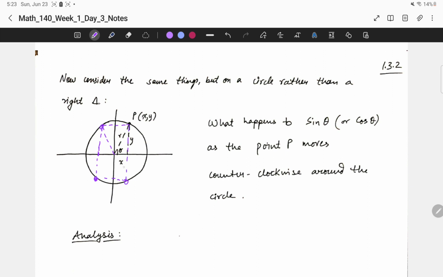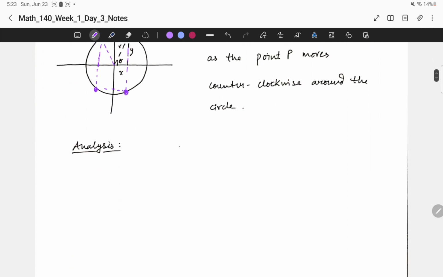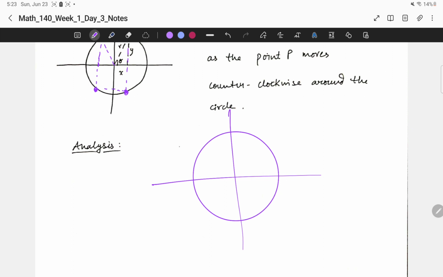What this is saying is that if I take a circle, due to the symmetry of that circle, any point on this circle having x, y, if I go horizontally across, there's going to be another point, negative x, y.